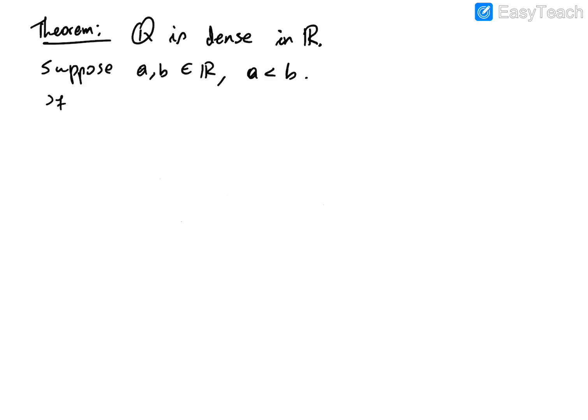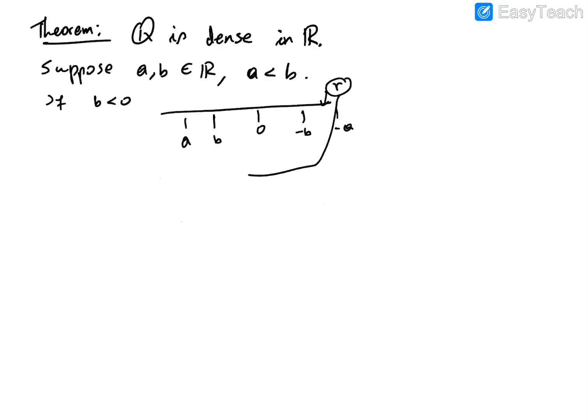So if B is less than 0, what I'm thinking is 0 is here, B is here, and A is here. We can look for minus B and minus A. If we can do it for positives, then we'll be able to find an r between minus B and minus A. Multiply this by minus 1, and r will be between A and B. So that's what we want to say, okay?